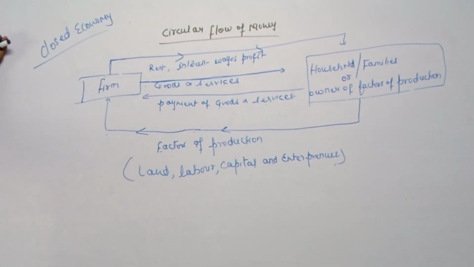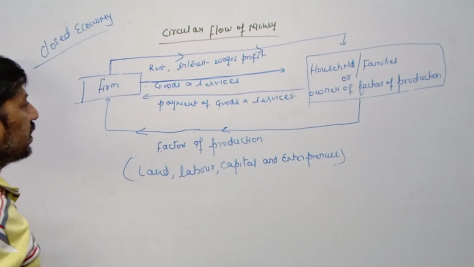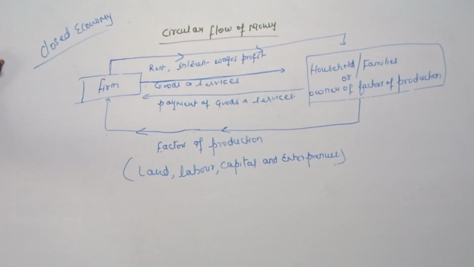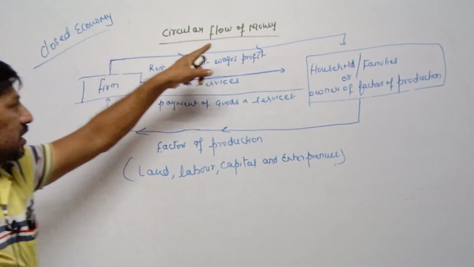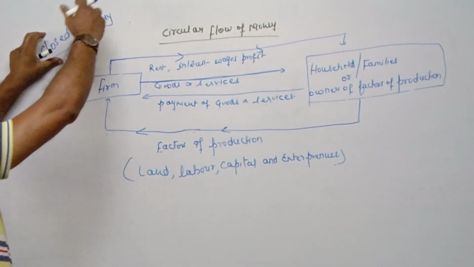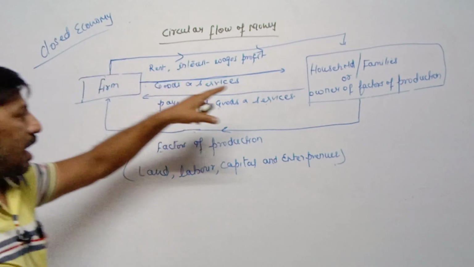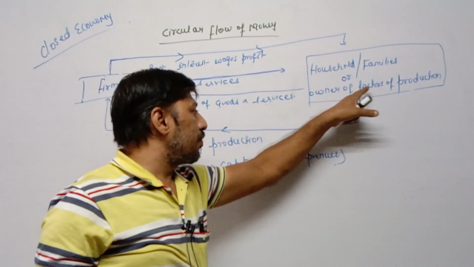So closed economies are those where one particular economy does not have any relation with any other country, meaning they are neither importing nor exporting goods. Now how does money circulate in a closed economy? Because other countries are not involved, only two parties are there: firm, and household or families or owners of factors of production.